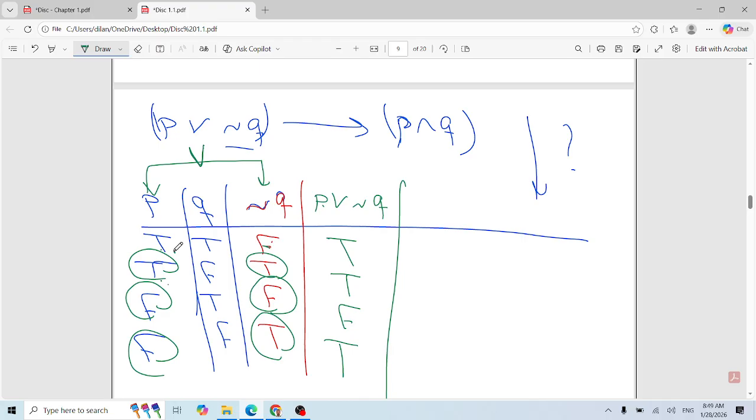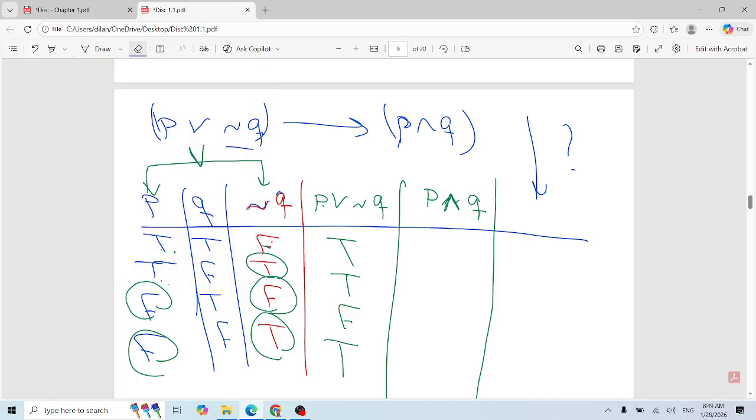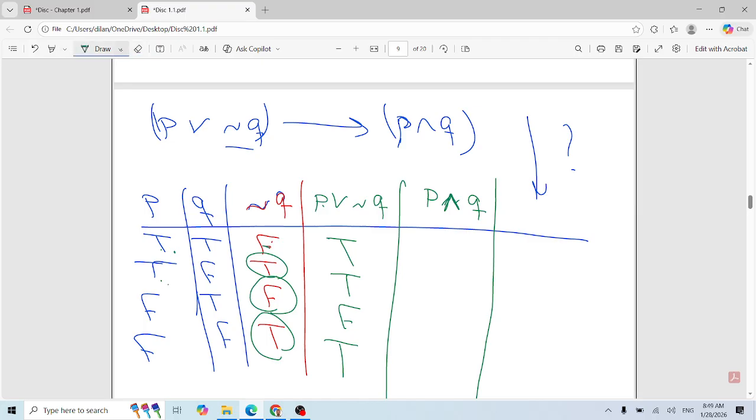Now I also need P and Q. What do you mean by P and Q? Let me clear all these. I have the first column with the second column and we connect them by conjunction.